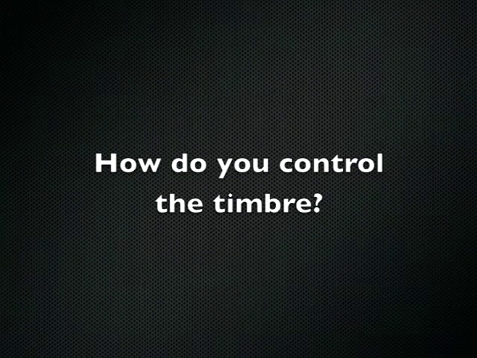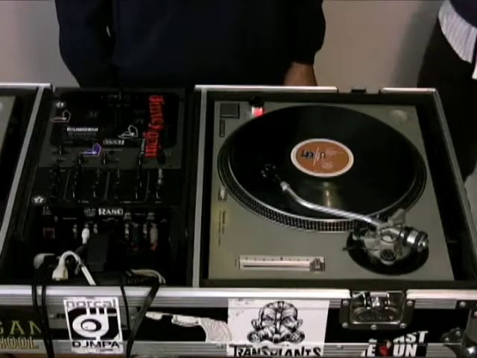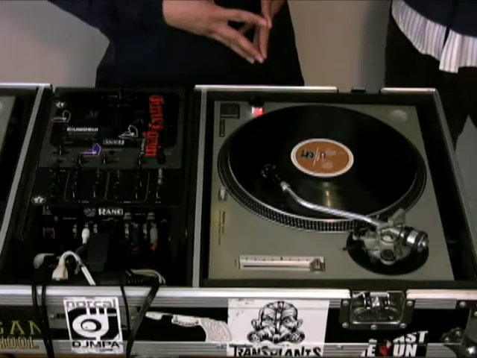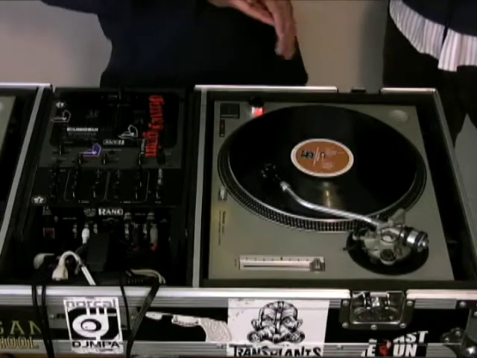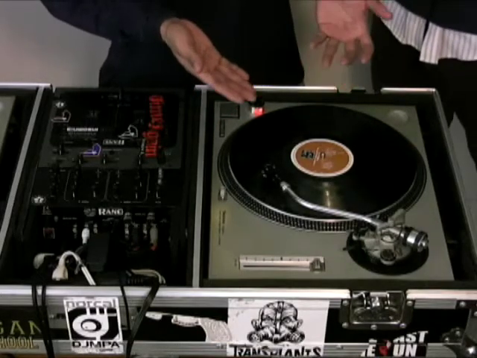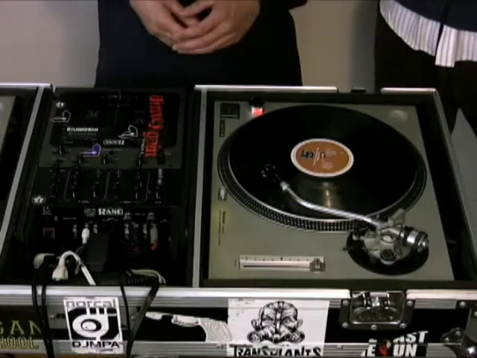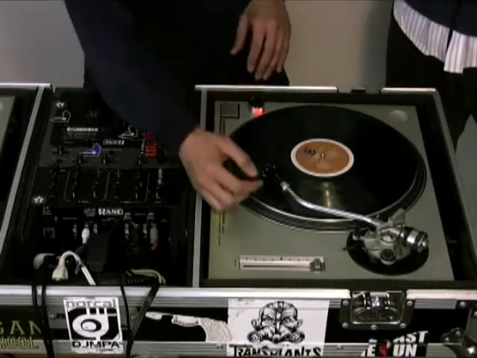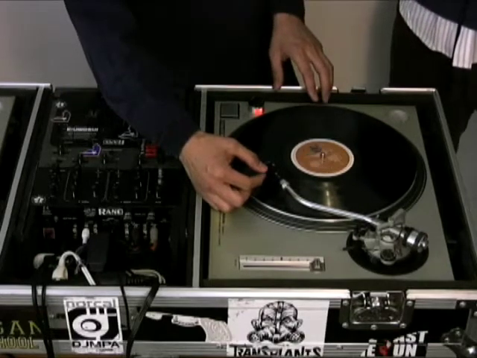What would you say the timbre of a turntable is? Well, that's part of what makes a turntable unique, that the timbre of a turntable is not fixed. It's whatever record you're playing. So it could be this long continuous horn sound, or I could move it to a different track on a record.